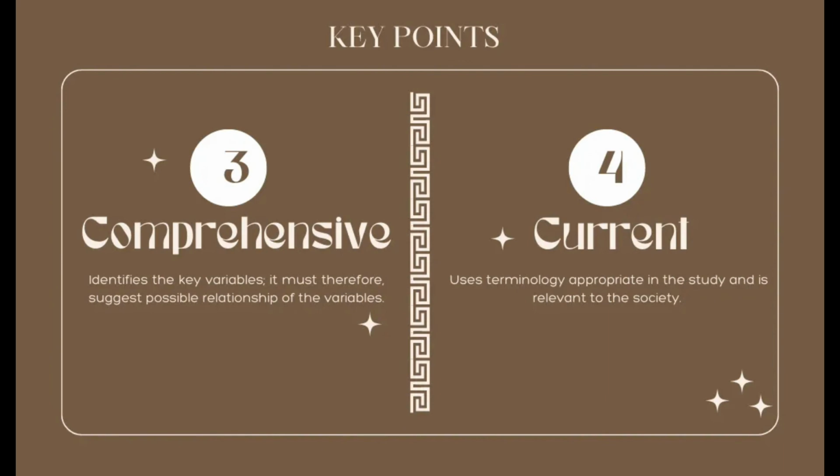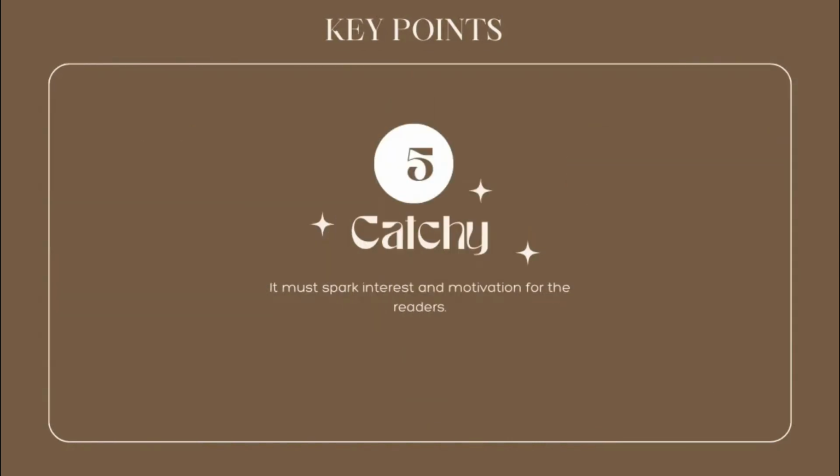So it should use terminology appropriate in the study and is relevant to the society. Okay, it's also from earlier, right? Number 5, lastly, we have catchy. So it must spark interest and motivations for the reader. Dapat catchy siya, guys, kaya para po kanang ma-alive po sila walang basa ba.